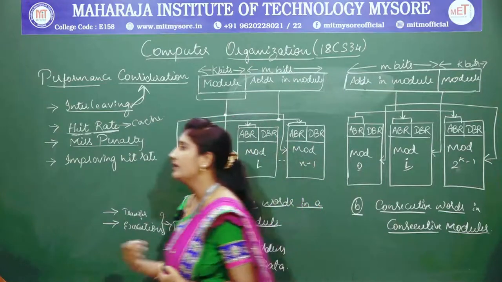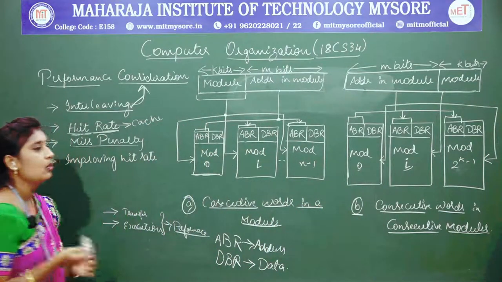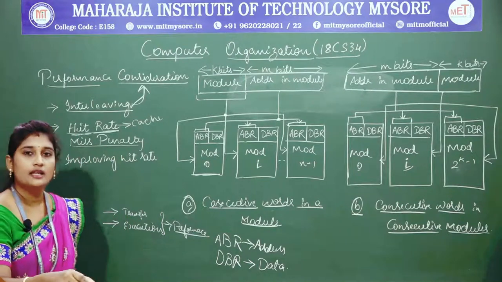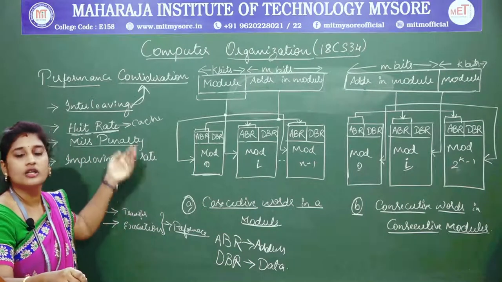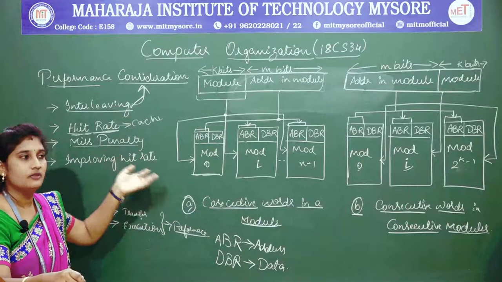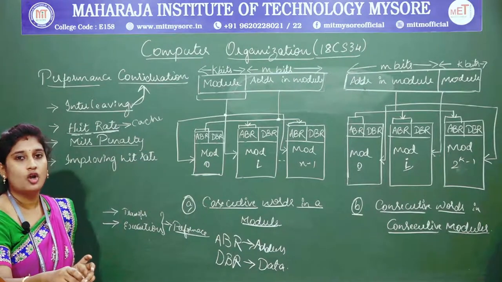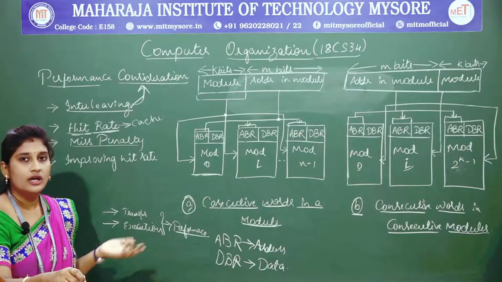Fine. So you can calculate the hit rate, that is, how many hits are made in your cache memory, by using mathematical calculation when you synchronize the clock bit with your computer system.